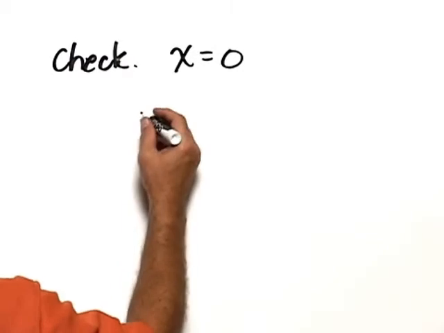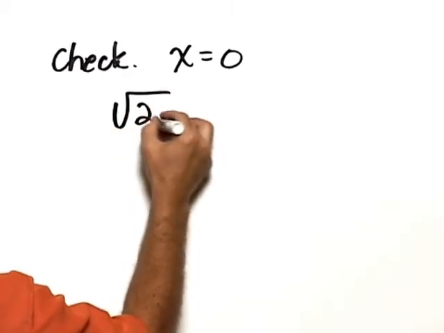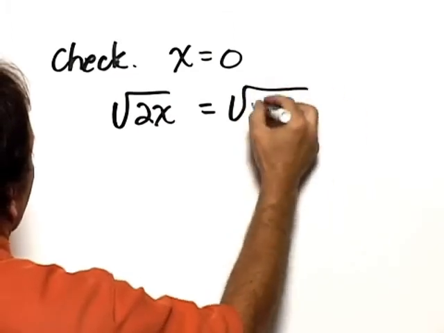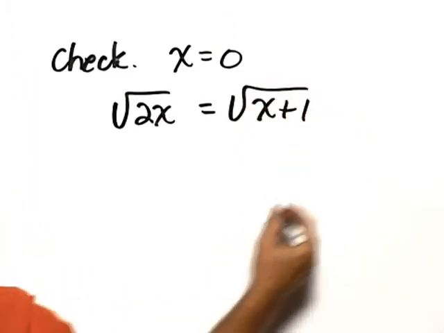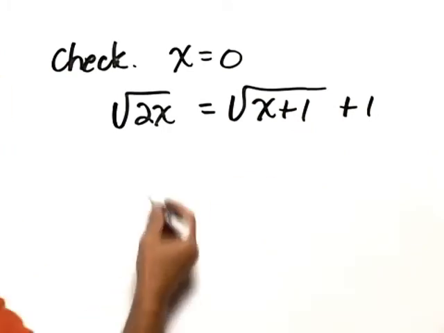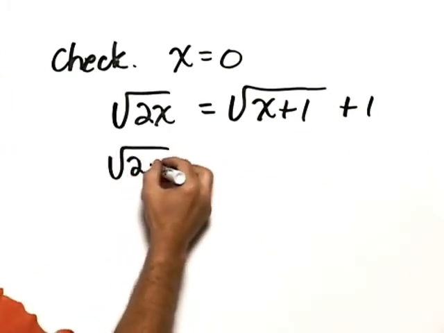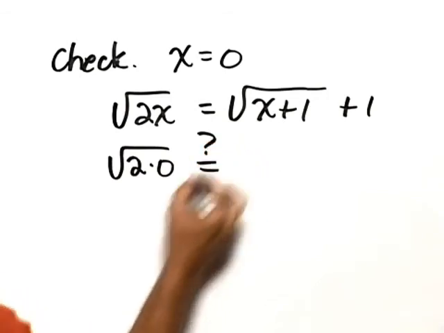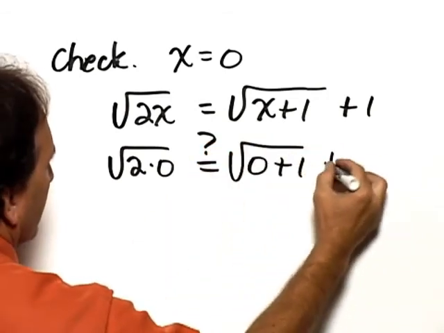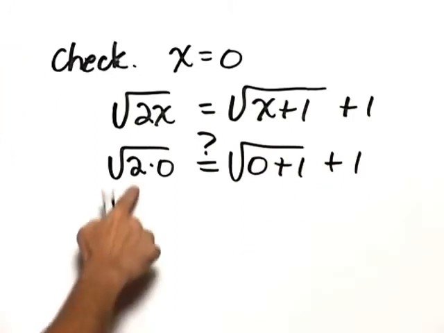We need to substitute that into the original equation, which is the square root of 2x equals the square root of x plus 1 plus 1. Substituting in 0, we have the square root of 2 times 0 equals question mark, the square root of 0 plus 1 plus 1. 2 times 0 is 0.